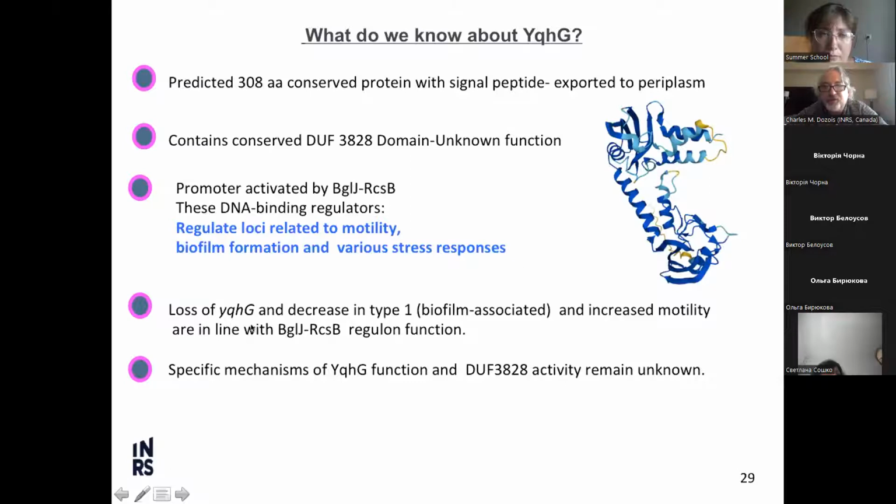And so that loss of YQHG is a decrease in biofilm formation and an increased motility, and that is in line with what we see from this BGL RCS regulon. And so it's going to be interesting to try to figure out what the specific functions of this protein are.